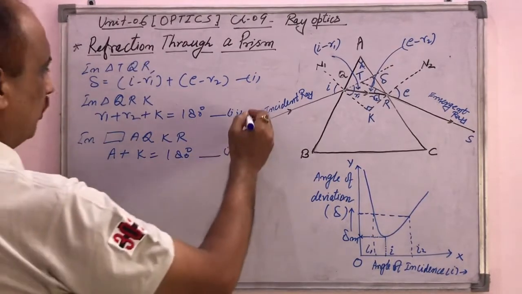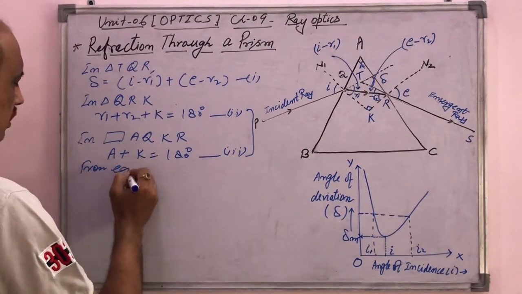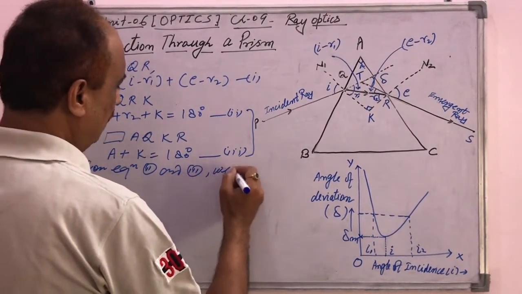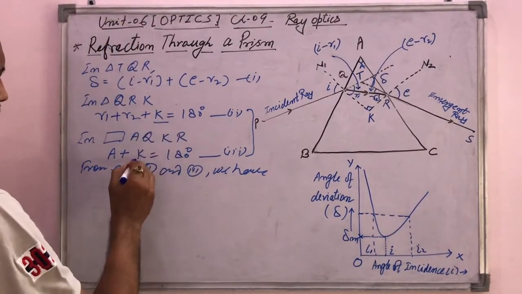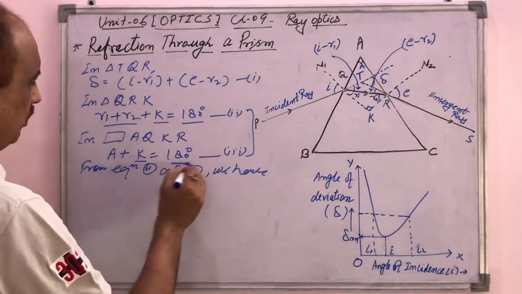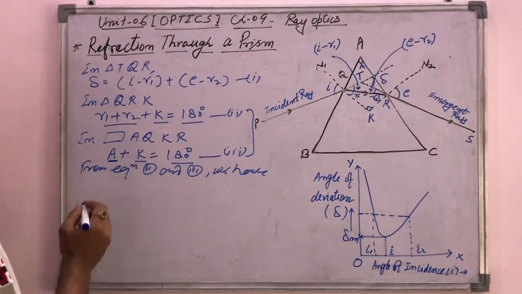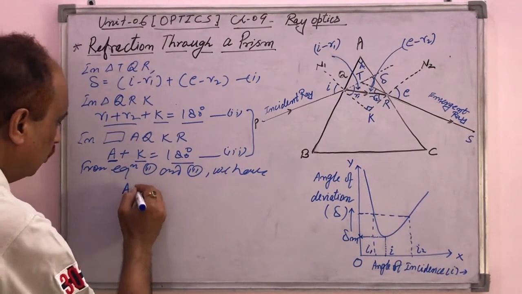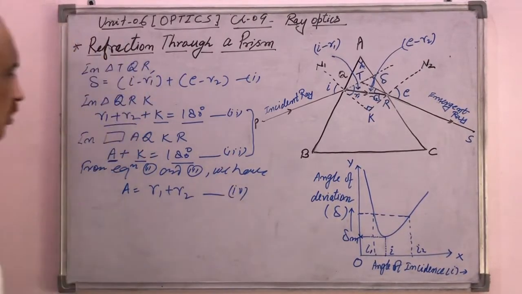So from equations 2 and 3, because the sum of A and K, and of R1, R2 and K, are both equal to 180 degrees, therefore R1 plus R2 will be equal to the angle A. So from equations 2 and 3, angle A equals R1 plus R2. It's equation number 4.